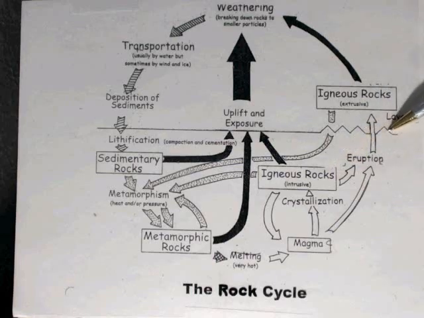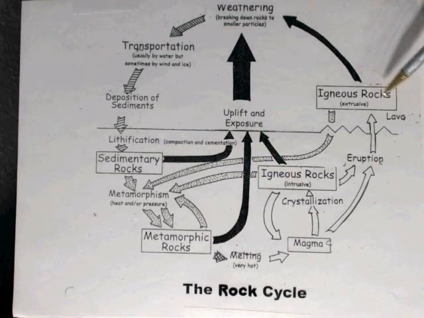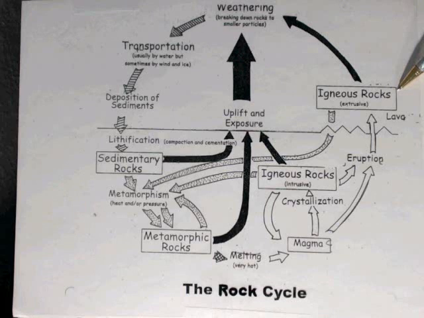But let's say, for example, that magma was erupted through volcanism, and we get the lava cooling much more rapidly on Earth's surface. Okay, these are known as extrusive igneous rocks. For these, they're going to have much smaller crystal grain sizes of your minerals. Maybe can't even make them out. They might be so small, the individual minerals.